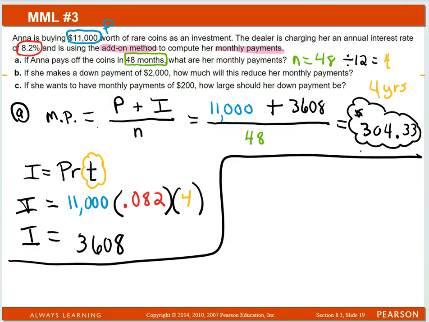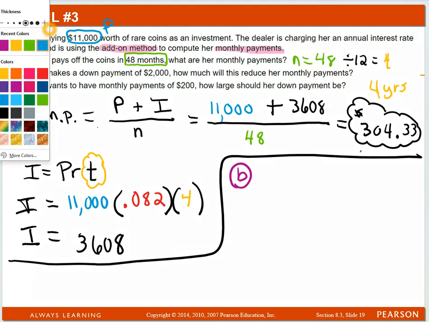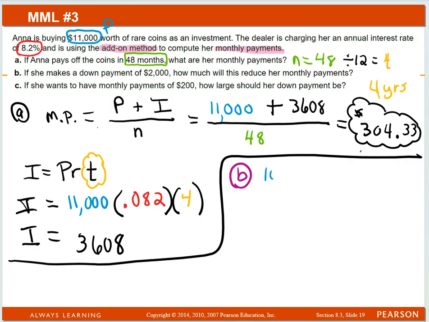Now I'm going to do part B. Part B says, if she makes a down payment of $2,000, how much will this reduce her monthly payments? So she still has the $11,000 worth of coins that she wants to buy, but she's going to make a down payment of $2,000.